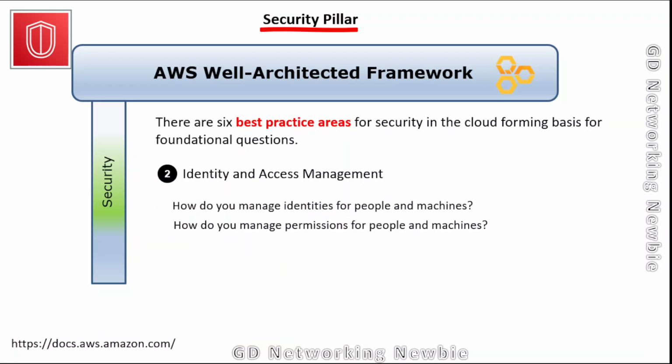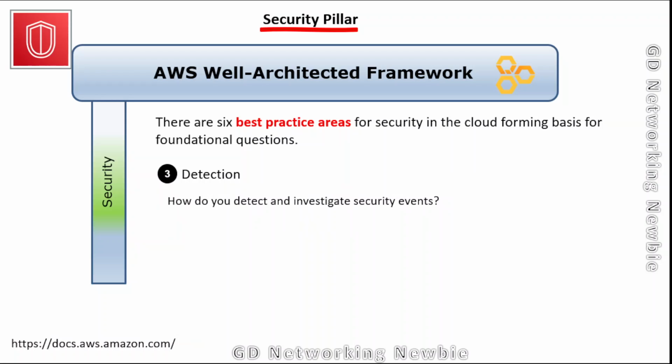The second one is identity and access management. The foundational question which can help secure our infrastructure is, how do you manage identity for people and machines? Because infrastructure can be accessed by people as well as machines. How do you manage identities, and how do you manage permissions for people and machines?